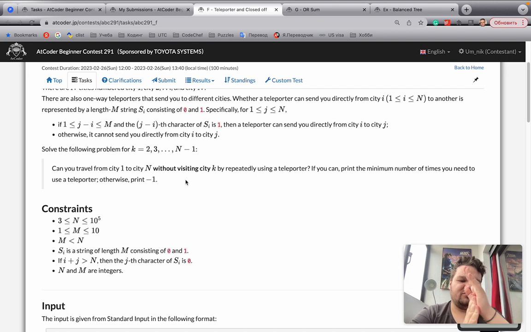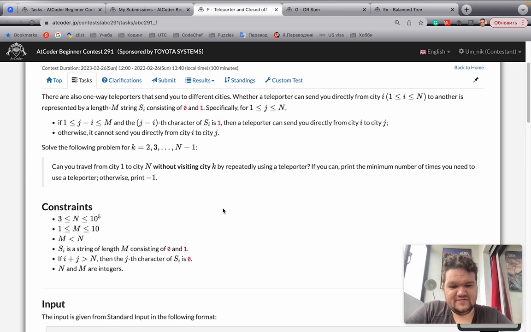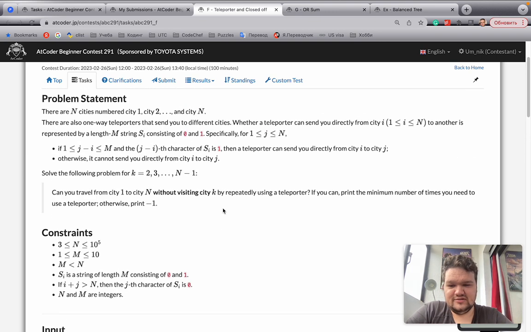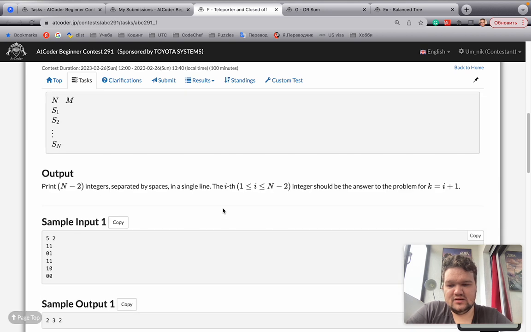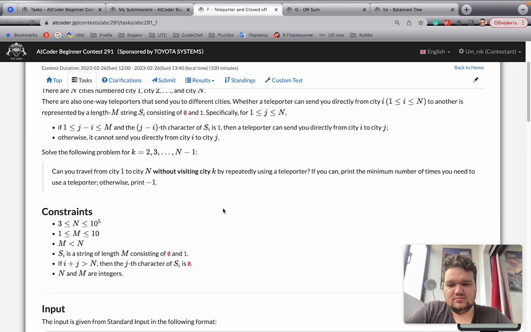Because we can only move from left to right, both start and finish are on the same side of the blocked vertex, so we cannot visit it even if we wanted. Yeah, that would work in n times m squared.